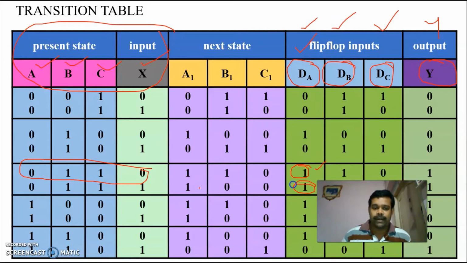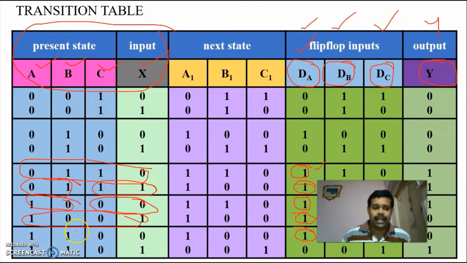Similarly, next one, 0 1 1 1, in the K map you put 1. Similarly, 1 0 0 0 you put 1 in the K map. Similarly, 1 0 0 1 you put 1 in the K map. Similarly, 1 1 0 0 you put 1 in the K map.